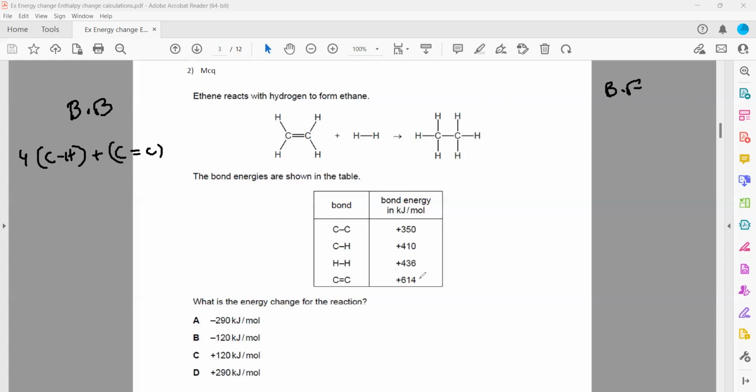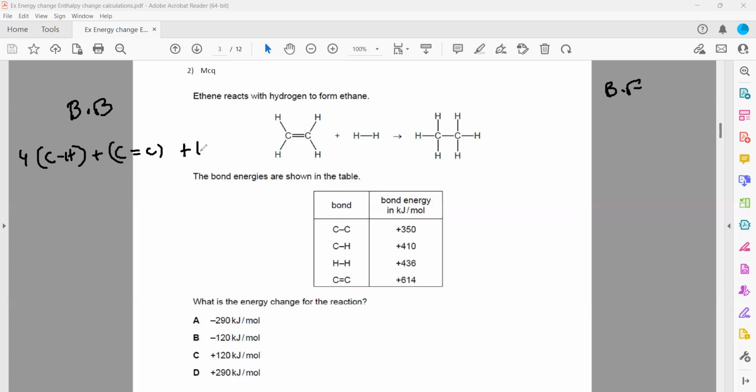Look, the carbon-carbon double bond energy is given. A common mistake students make is to use the carbon-carbon single bond and multiply by 2 for the double bond. That is wrong, because double bond energy and single bond energy are not multiples of each other. You just have to use the energy that is given in the question.